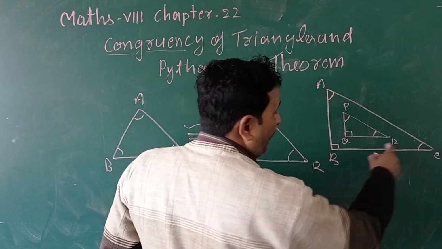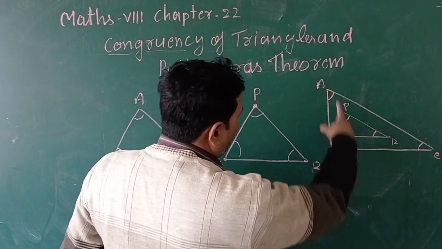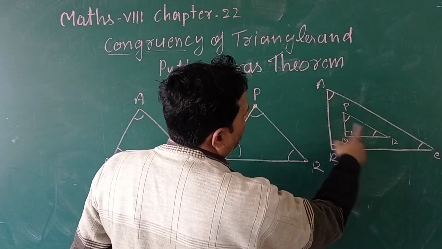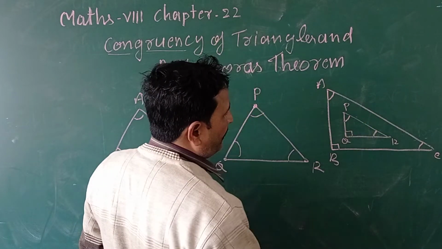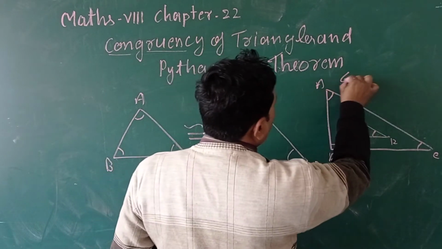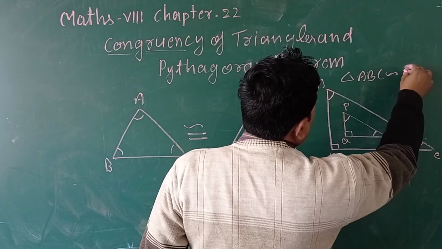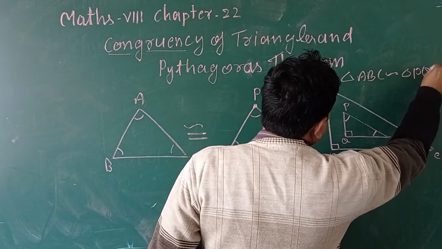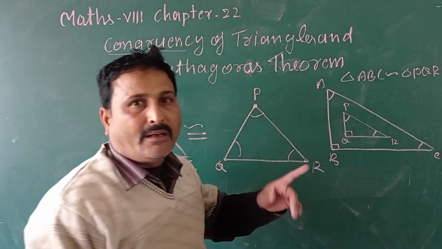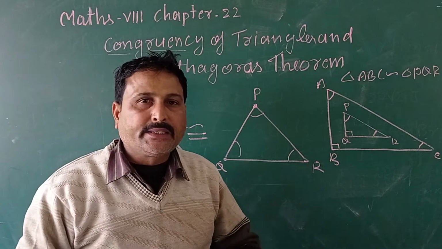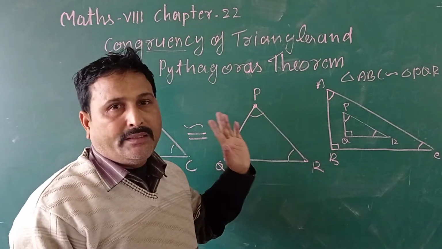Means both are the same figure, but no side is equal to any side of the bigger triangle. So triangle ABC will be similar to triangle PQR. Similar, not congruent. For congruency, at least one side should be equal.